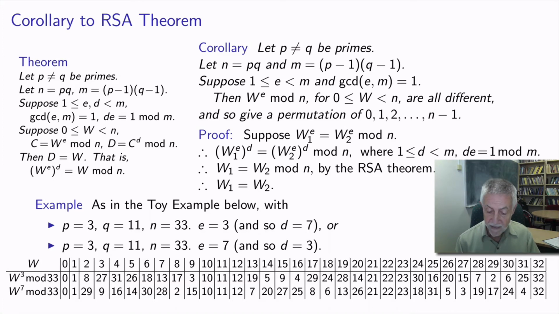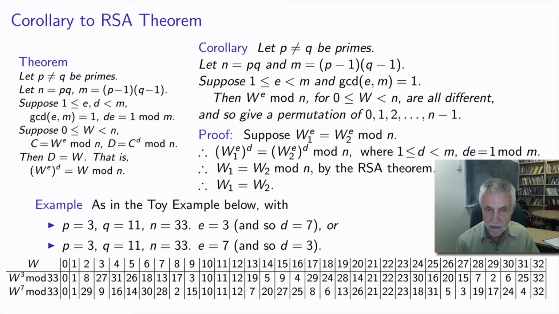The claim is then that as w ranges over the range bigger than or equal to 0 and less than 33, as in the top row here, then distinct w's will always give distinct c's.